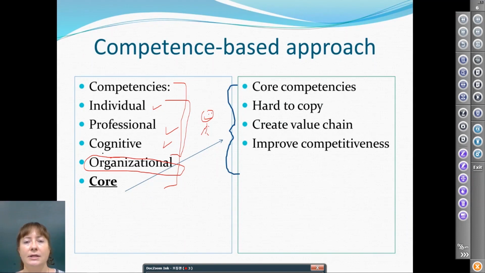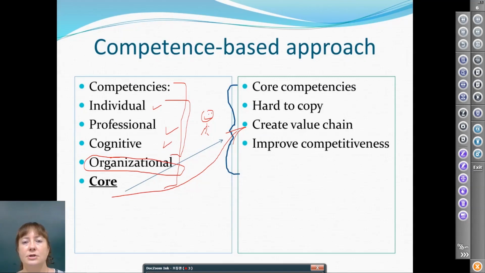So that's the task for the global companies, high-tech companies, and global high-tech startups. They have to create these organizational competencies and try to develop them. And here you may find the definition of the core competencies. Actually, core competencies are hard to copy.